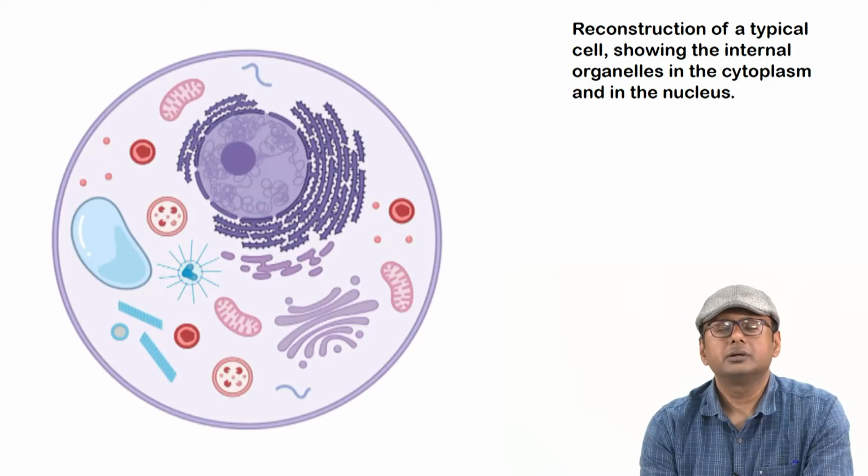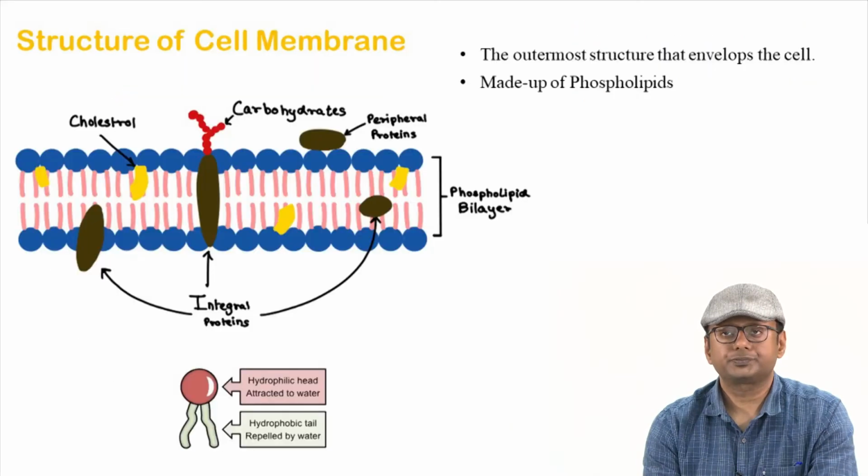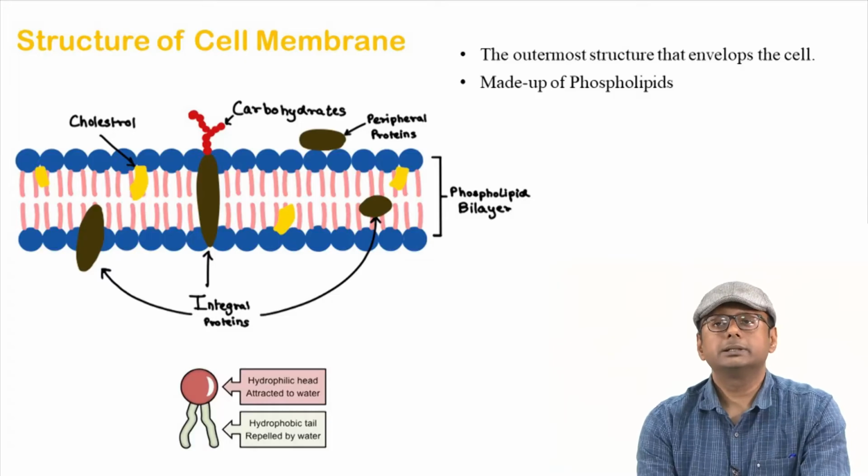Then we have other organelles like ribosomes where protein synthesis happens, the suicidal bag, the lysosome, and the Golgi apparatus where protein packaging happens. Also important to know about is the mitochondria where energy gets produced. Different components and organelles are part of our cell, and this class will discuss those. So let's start with the cell membrane.